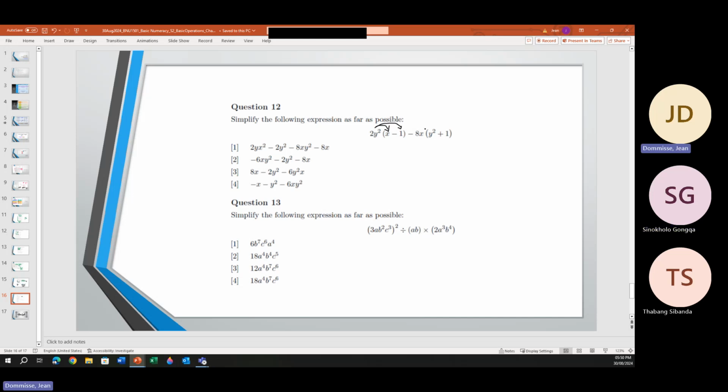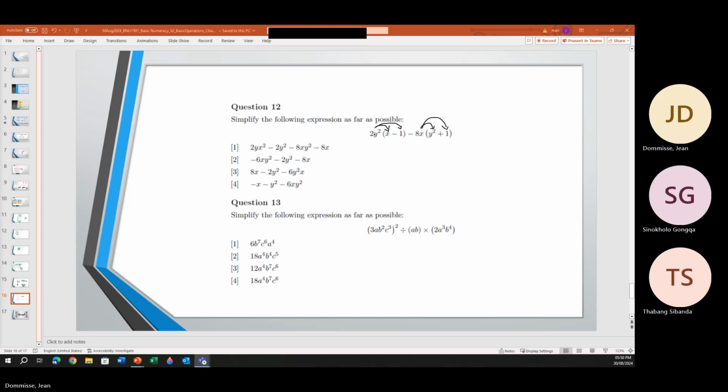And then we're going to do exactly the same with the minus 8. We will multiply that in with the first term, and we will multiply that in with the second term. Okay, so let me just quickly do that and show you.